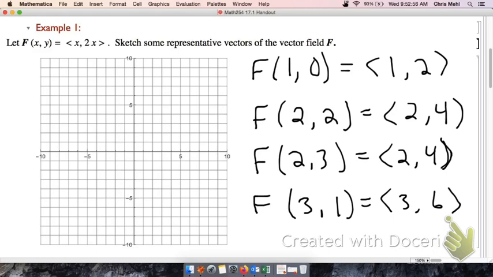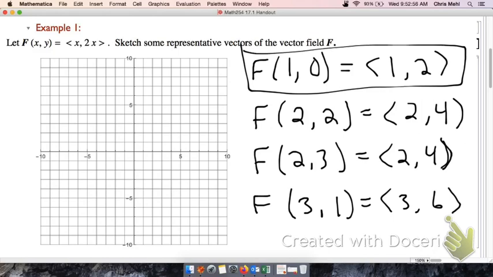You don't plot these all in standard position. So for instance, if I look at this first one, I'm forgetting all my vector arrows on the tops of these. So what I'm going to do is, at the point 1 comma 0, I'm going to draw a vector that goes 1 unit to the right and up 2 units.